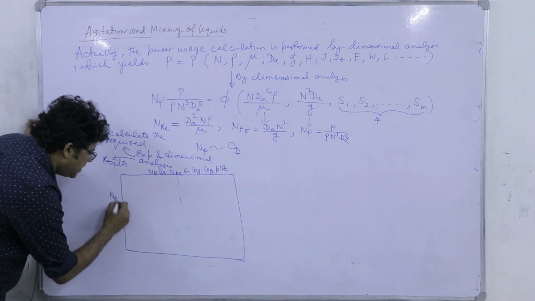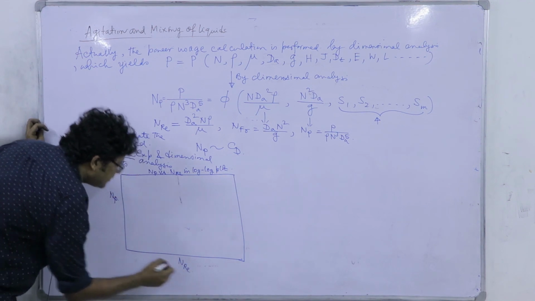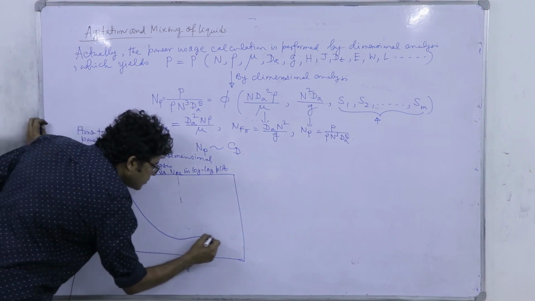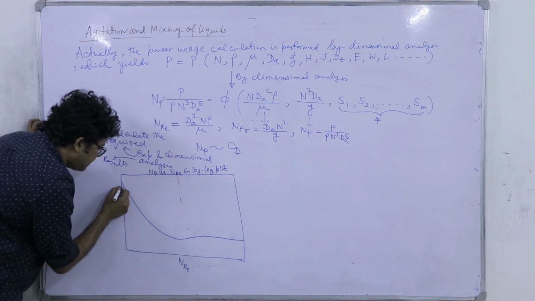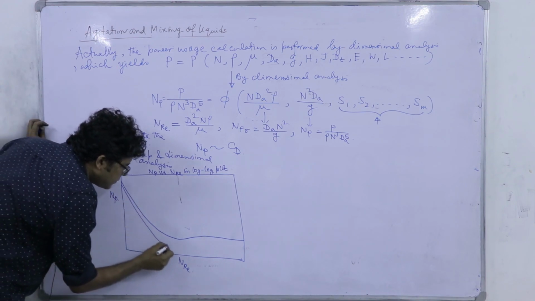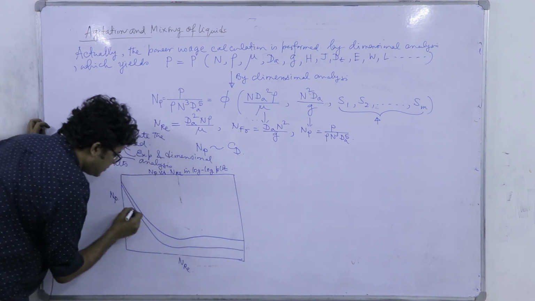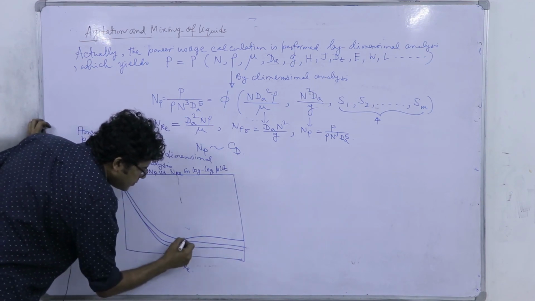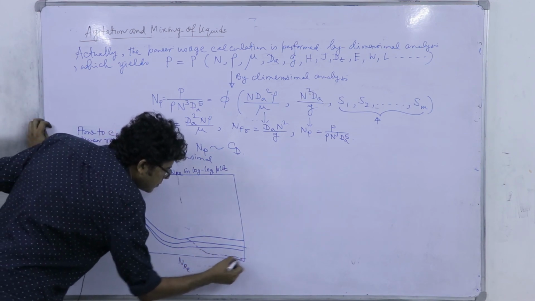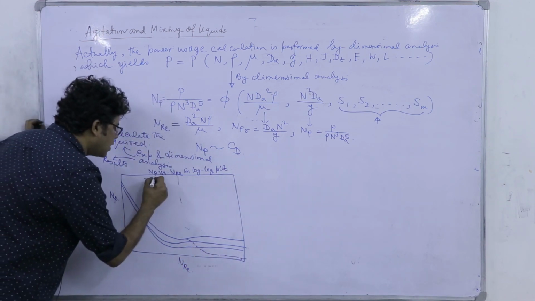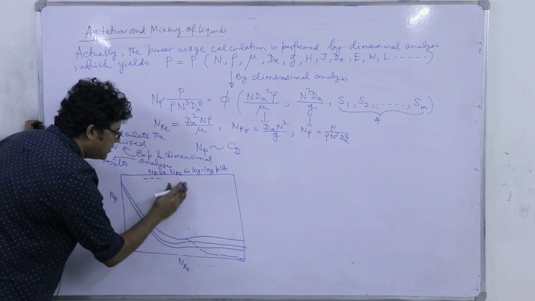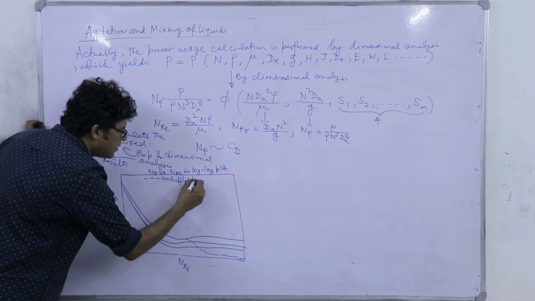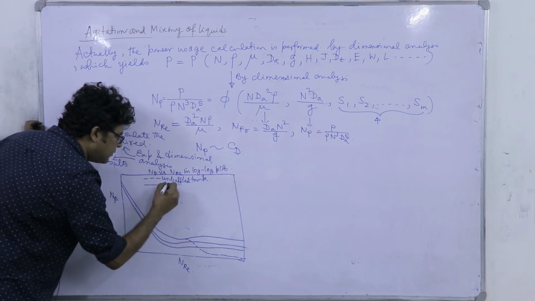The dotted line represents the trend for the unbaffled tank, the solid line for baffled tanks.